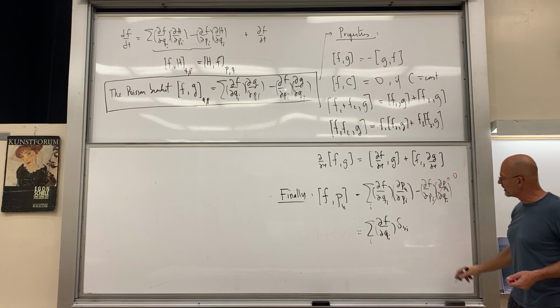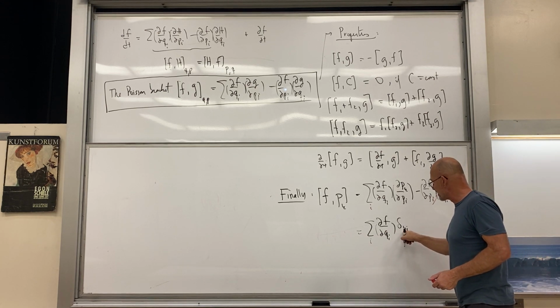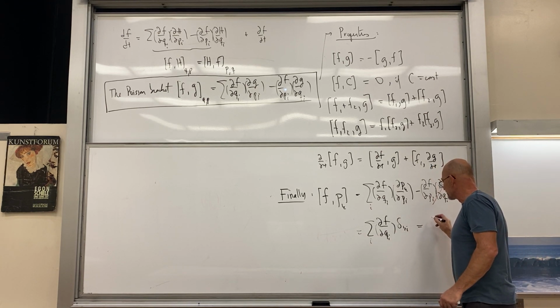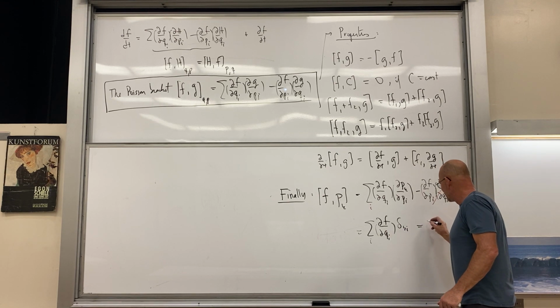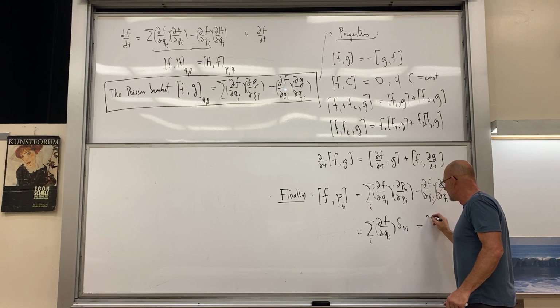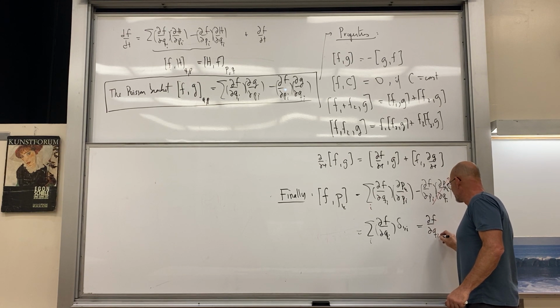The rest are equal to 0. And of course that picks off the kth one here, so that is equal to df dq sub k.